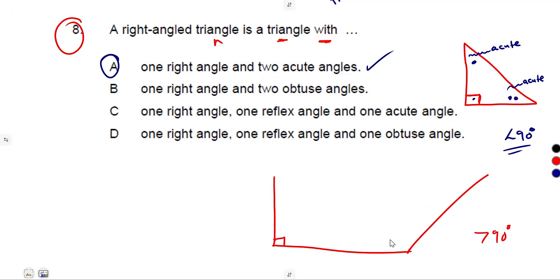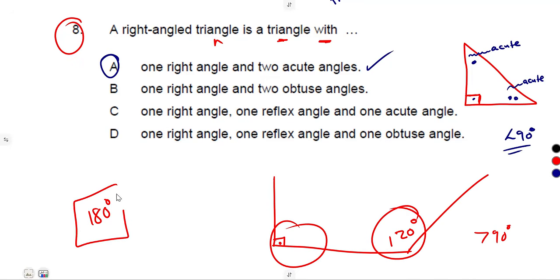It cannot happen that we have a 90-degree angle, then there's an obtuse angle like 120 degrees, because that 120 plus 90 on its own is more than 180 degrees, which is the sum of the angles in a triangle. So that cannot happen.